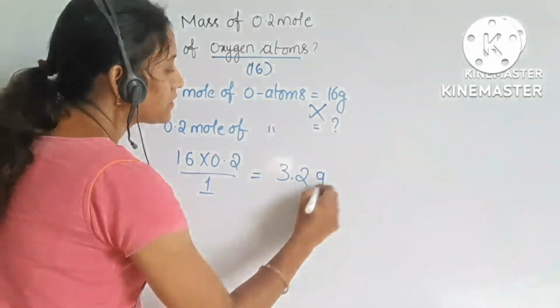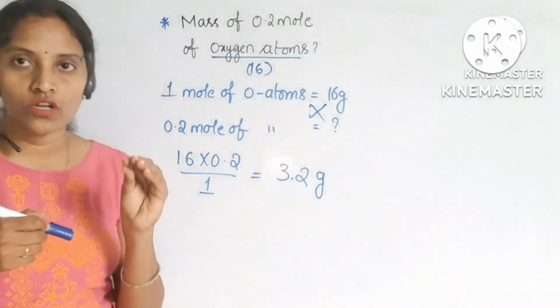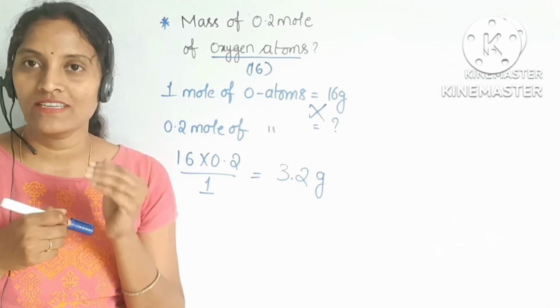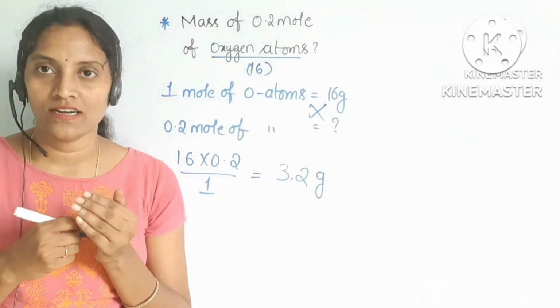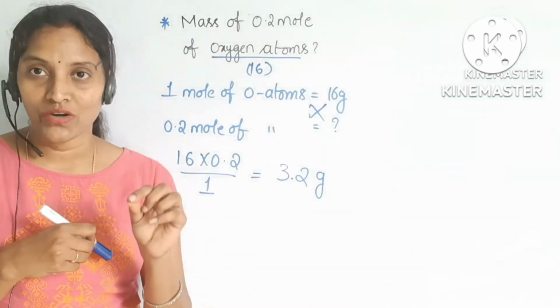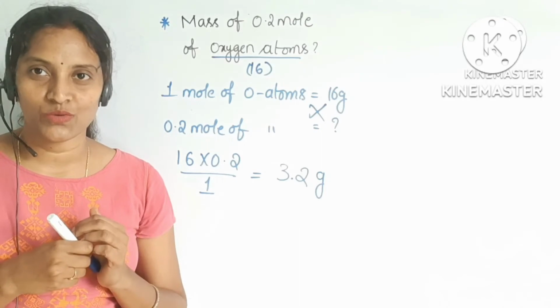So 3.2 grams of oxygen atoms. That is, 1 mole of oxygen atoms has 16 grams, then 0.2 mole of oxygen atoms has 3.2 grams of weight. This is about this problem.